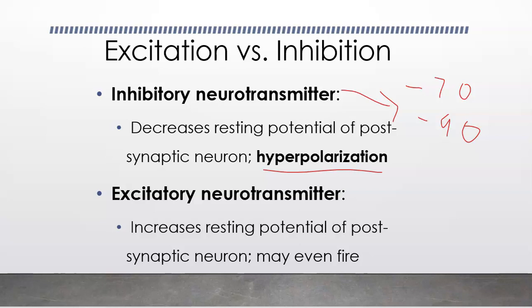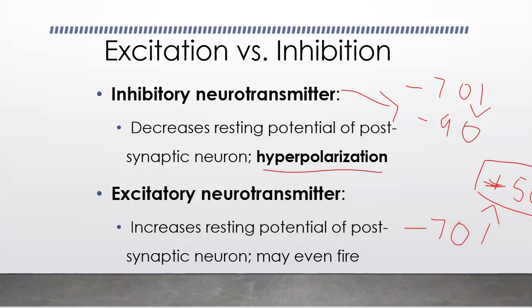The opposite of that is an excitatory neurotransmitter, which increases the potential of the postsynaptic neuron. So it's going from negative 70 up. It depends, but it could even increase to negative 50, which remember is the threshold for an action potential.